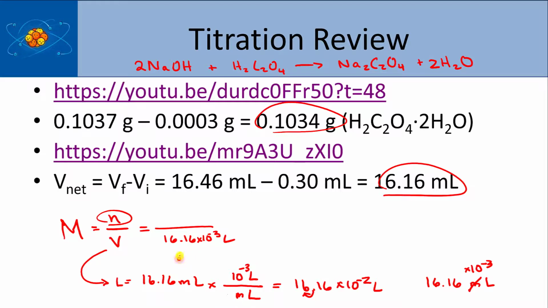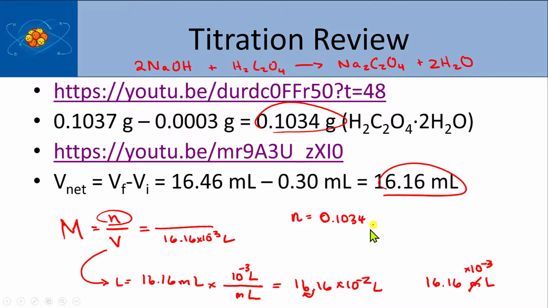So the next thing to do is to go to moles, right? And so moles is going to be starting with our sample mass, 0.1034, and to get that, what I did is I took my first mass and then I subtracted the residual mass on the paper, and that gave me this final mass here.